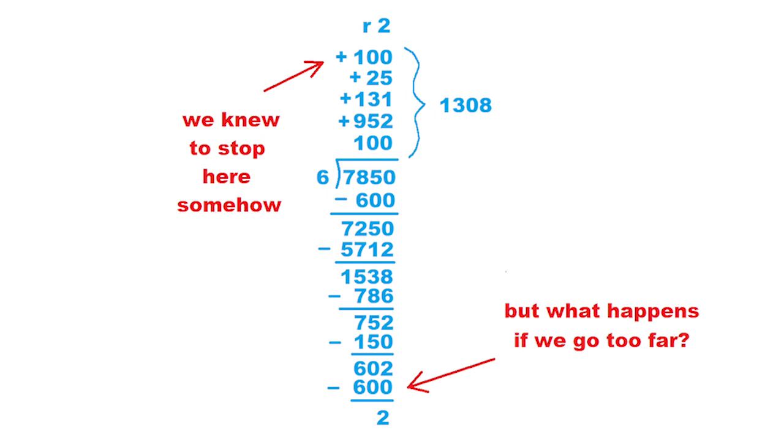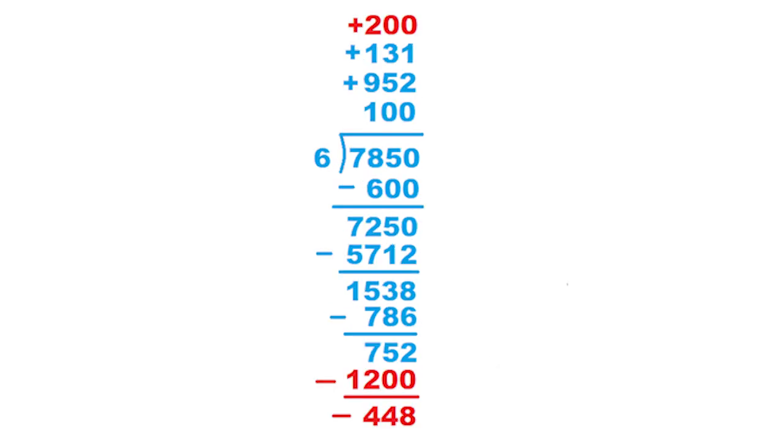You see, unlike the Price is Right, you actually can pick a divisor product that goes over the unsubtracted part of the dividend and keep continuing the algorithm. Let me show you. Going back to our 7,850 divided by 6 example, let's suppose when we got down to 752 of the dividend remaining left to get rid of, we went way over by picking 200 to multiply 6 by.